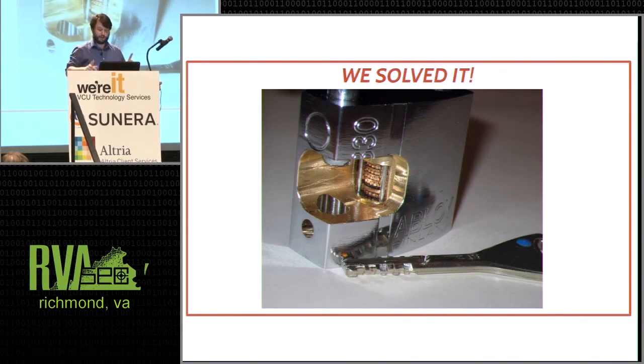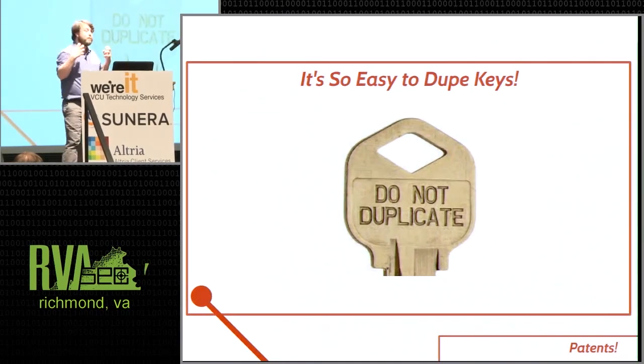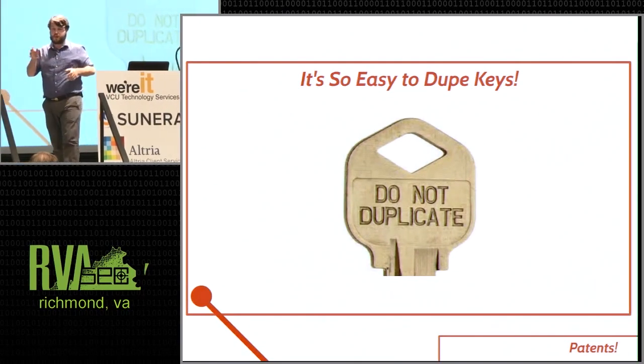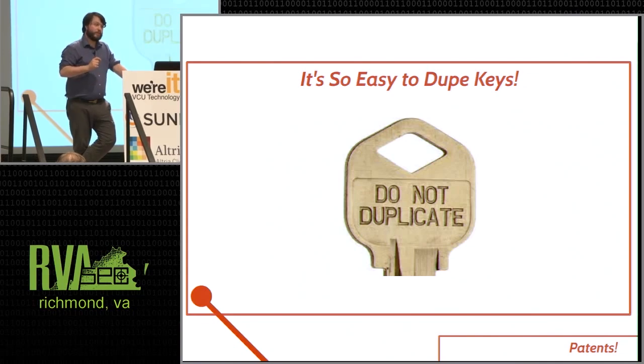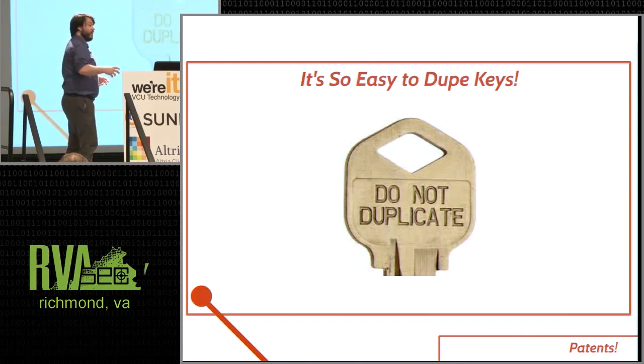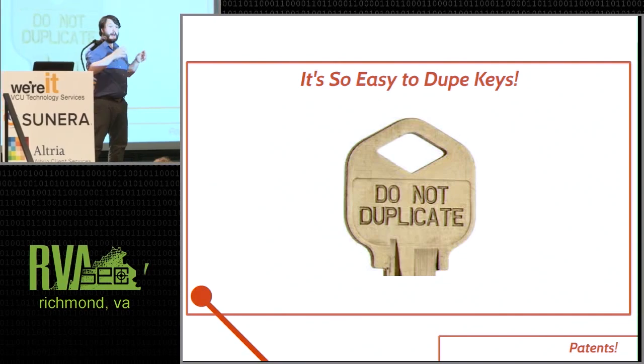Okay, so the other big complaint that has kind of chased people throughout history is how easy it is to duplicate keys. This has become a much more interesting conversation since the first person patented a key. They protected their key from being duplicated by any generic manufacturer by patenting the actual blank and being the sole distributor of it.